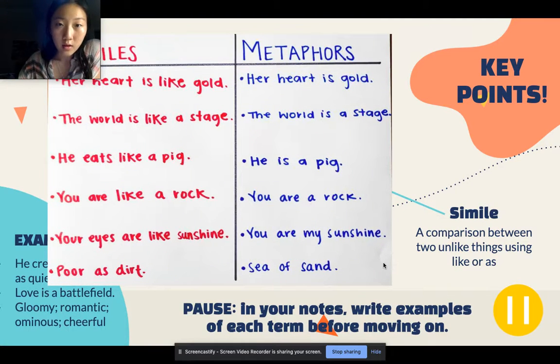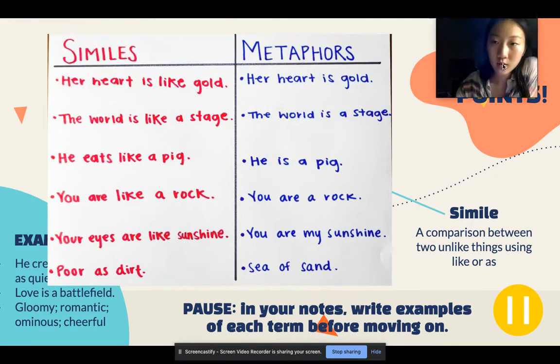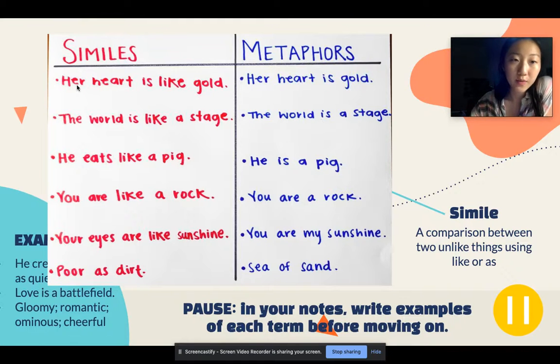Okay, so here are some examples of the difference between simile and metaphor. A simile says her heart is like gold, okay, like. A metaphor says her heart is gold. Her heart isn't literally made of gold, but we're using figurative language, right? So it goes beyond the literal meaning. Or if you say she is golden, that would be a metaphor.